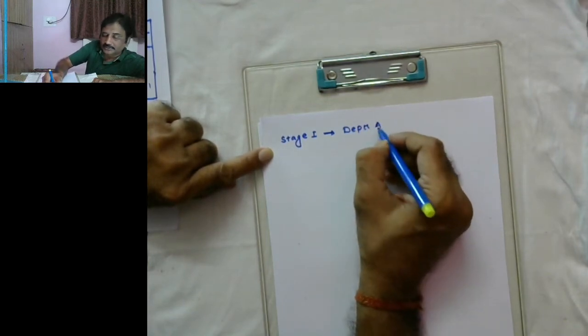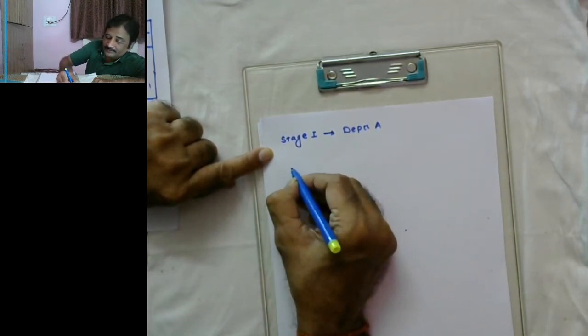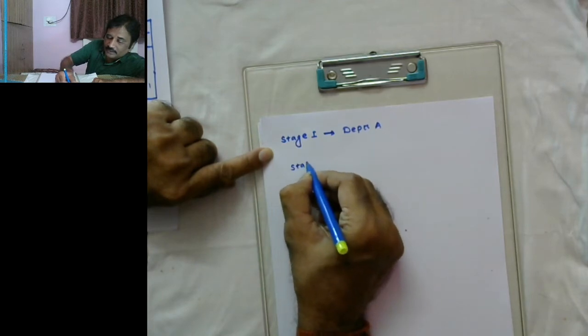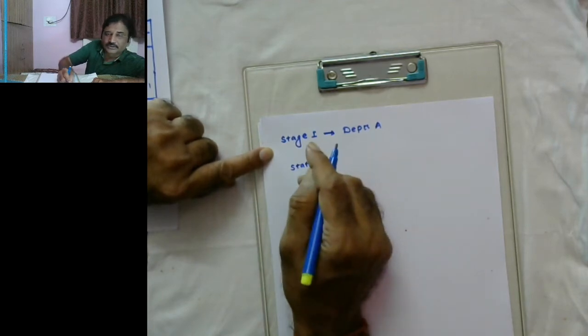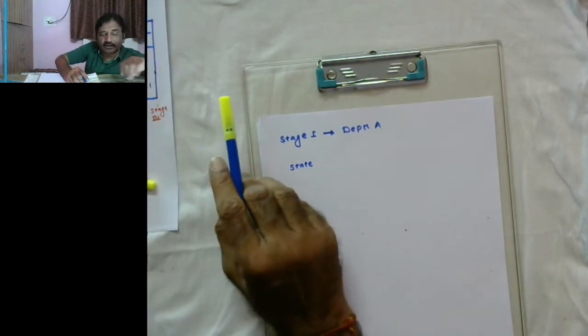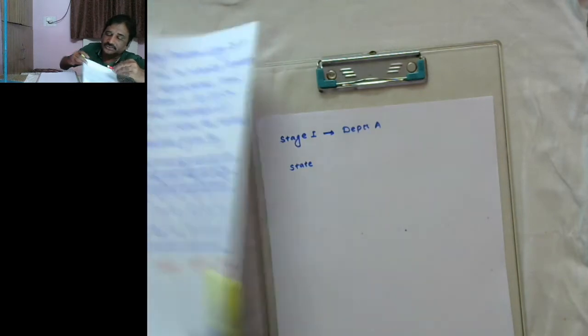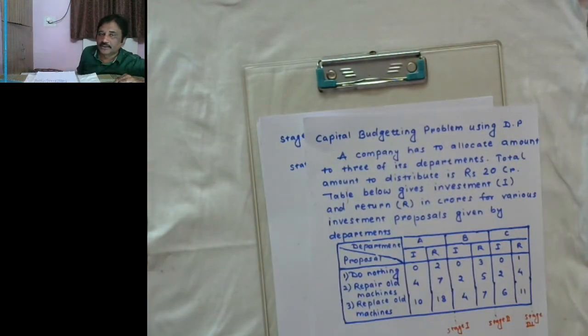Okay, then we need to consider the states. I had been telling you that the state will be bringing the assumed limit of the constraint. Maximum amount.